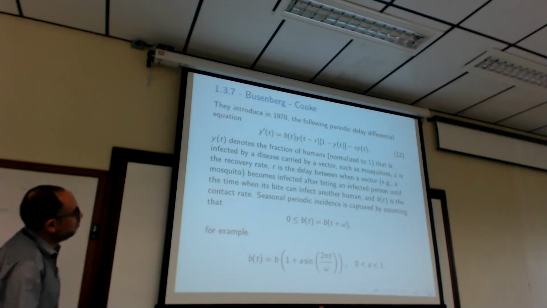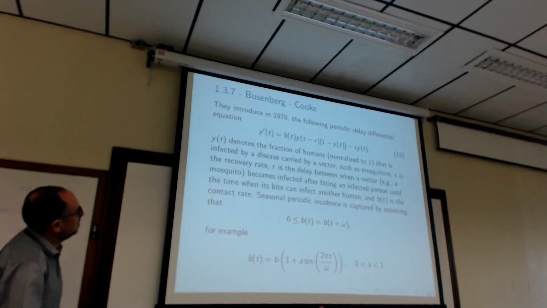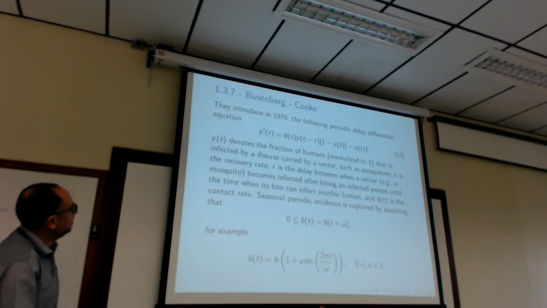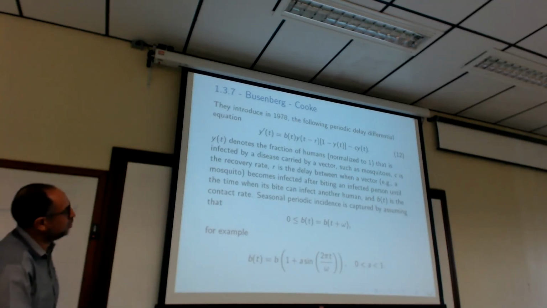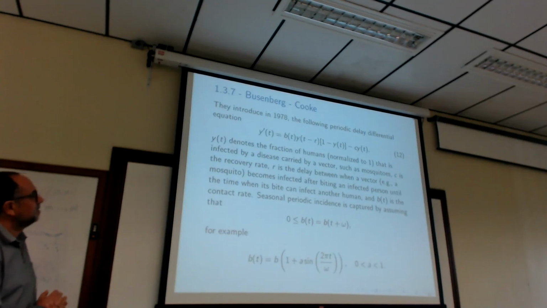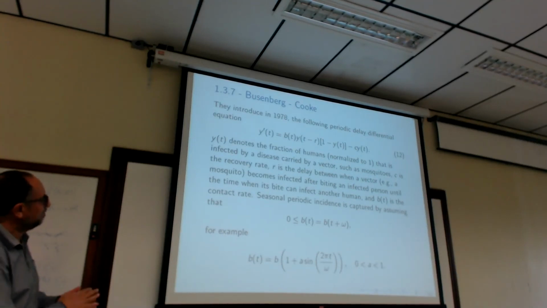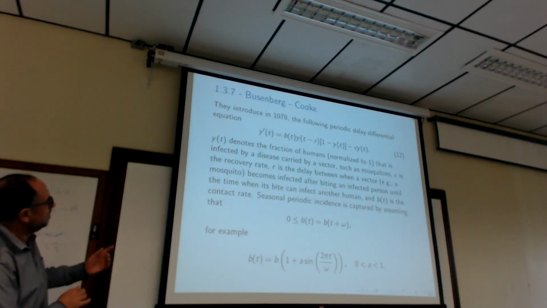This one is different from the other one I want to show you, because the coefficient b depends on time, and y(t) is the population of humans, normalized to 1, that is infected by the disease carried by mosquitoes, and the coefficient c is the recovery rate.